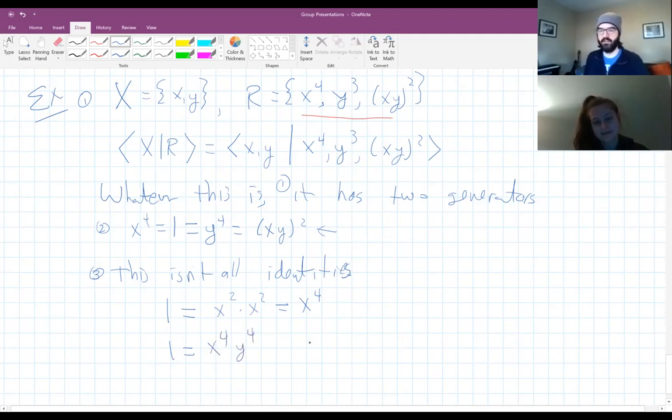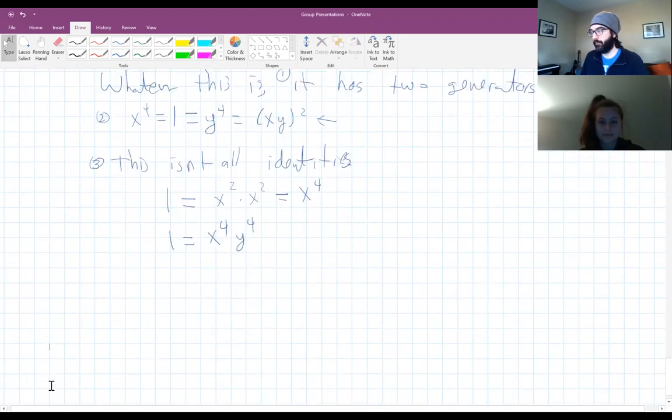That's the identity, right? Because X to the fourth is 1, Y to the fourth is 1, so their product has to be 1. So what I'm getting at is these aren't all of the strings of X's and Y's that are going to give you 1. Does that make sense? Yeah.